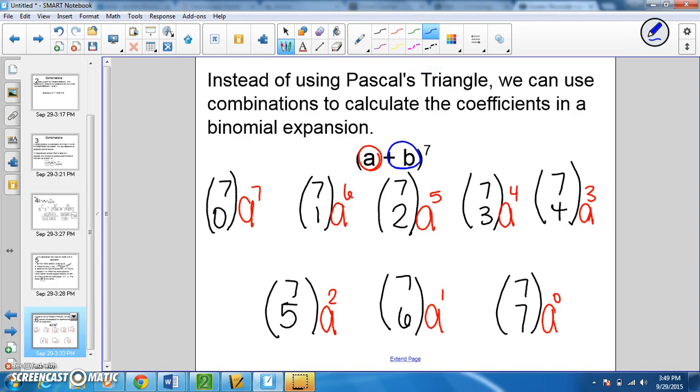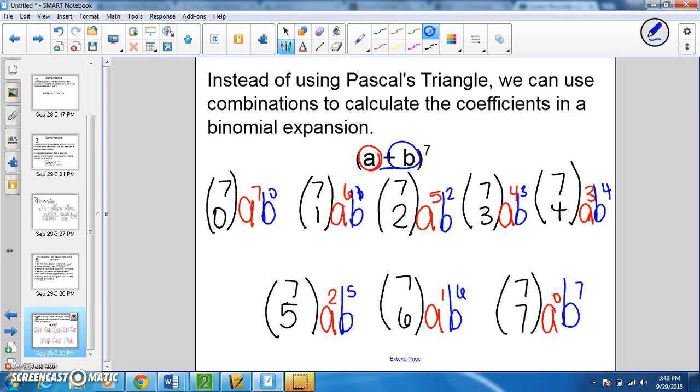Our second term is b. We start b at 0 and go up to the 7th power. So b to the 0, b to the 1st, b to the 2nd, b to the 3rd, b to the 4th, b to the 5th, b to the 6th, b to the 7th.